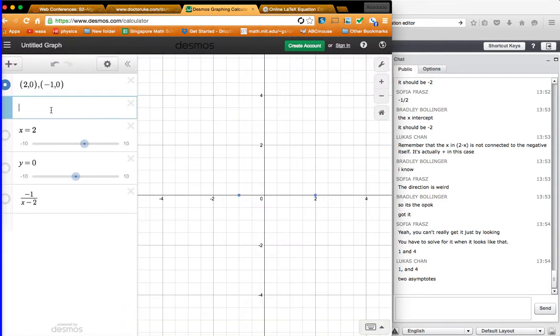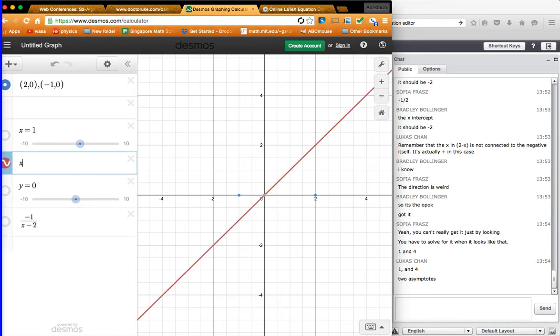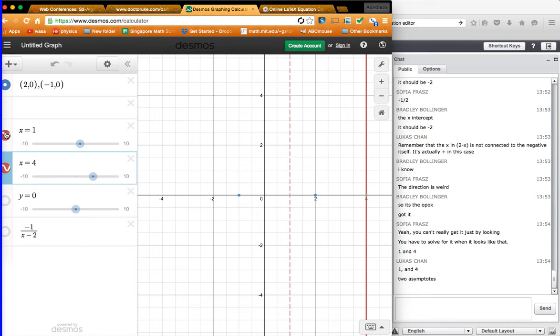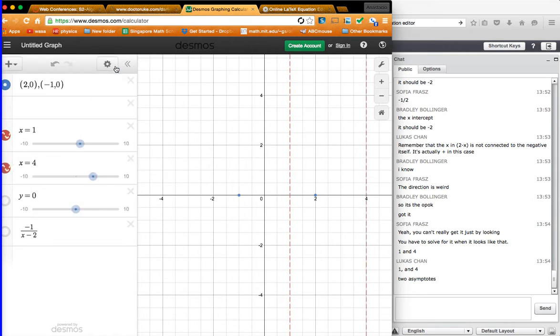So I'm thinking that at x equals 1, I want a line there, and x equals 4. So I want a line there and there. Let me just make this guy dotted. Done. Good.